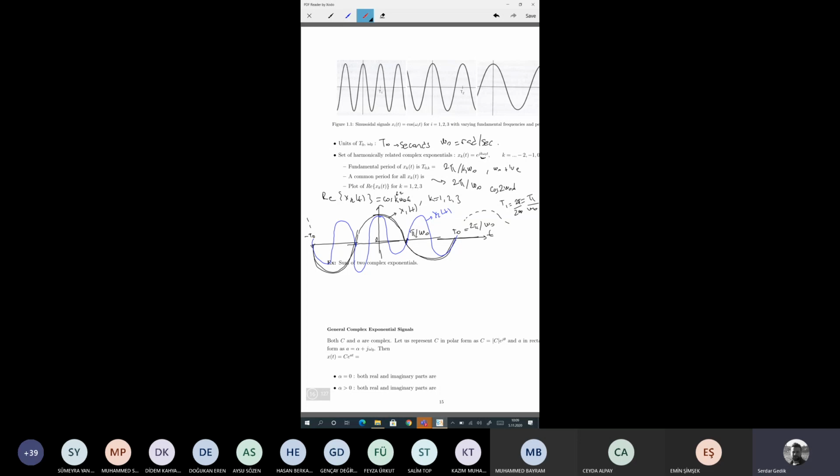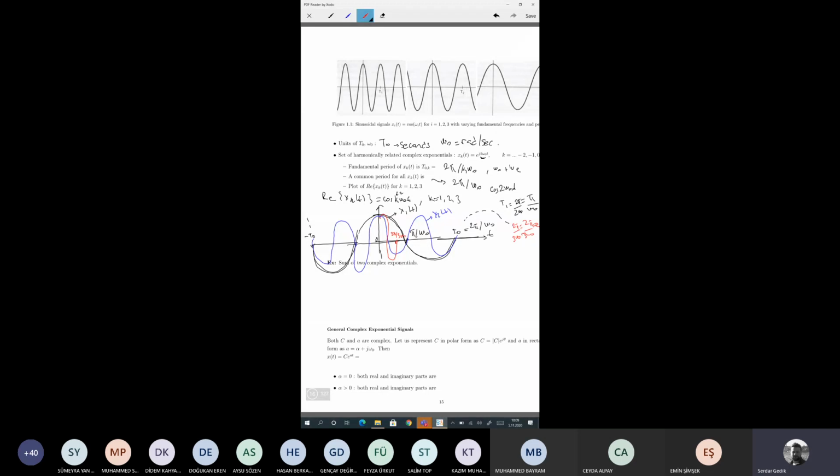What about x3 of t? Now x3 of t has period 2 pi over 3 omega 0. So here, let's say, is 2 pi over 3 omega 0. It will finish its cycle within this 2 pi over 3 omega 0 period.